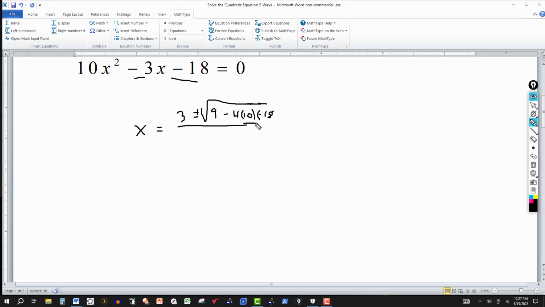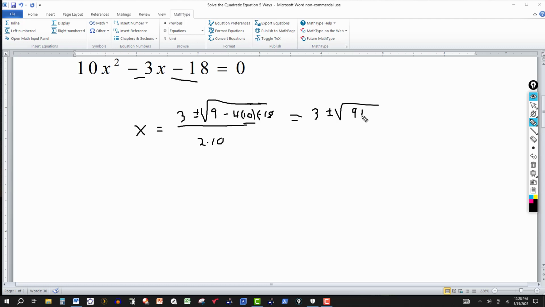And the denominator, the formula has 2A. So that's 2 times A, which is 10. So it's going to come out to 20. So then you just do the calculations here. So this will be 3 plus or minus square root of 9. And then notice here negative and a negative here.